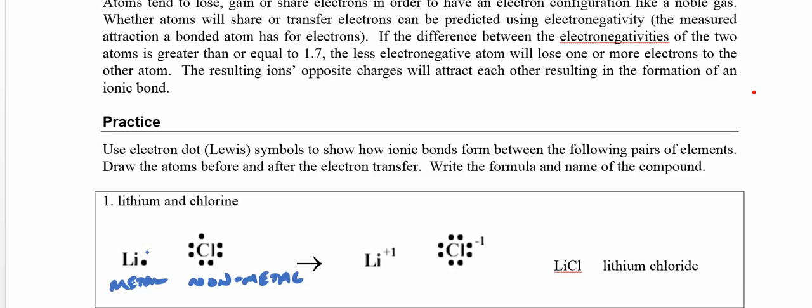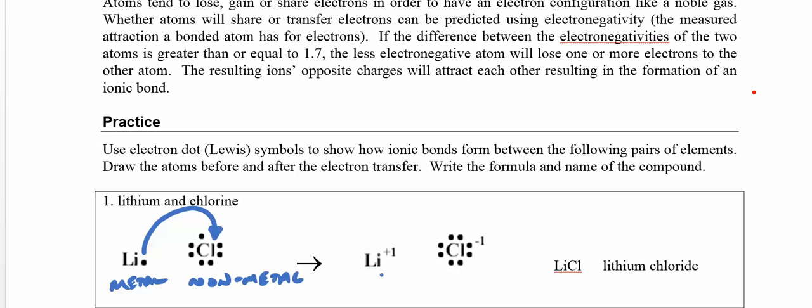So lithium will give away its valence electron, leaving it with not an octet, but a duet, which is just as good for lithium. It's going to have the same electron configuration as helium. And now chlorine has gained an electron, and it has now an octet of electrons.